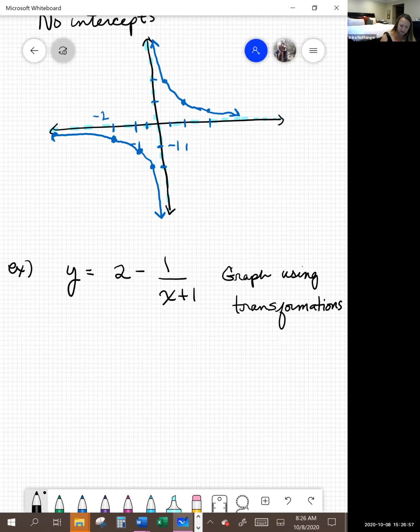I don't know if it would help you if you rewrote the order, but this is the same thing as putting the fraction first: negative 1 over x plus 1, and this would be a plus 2.